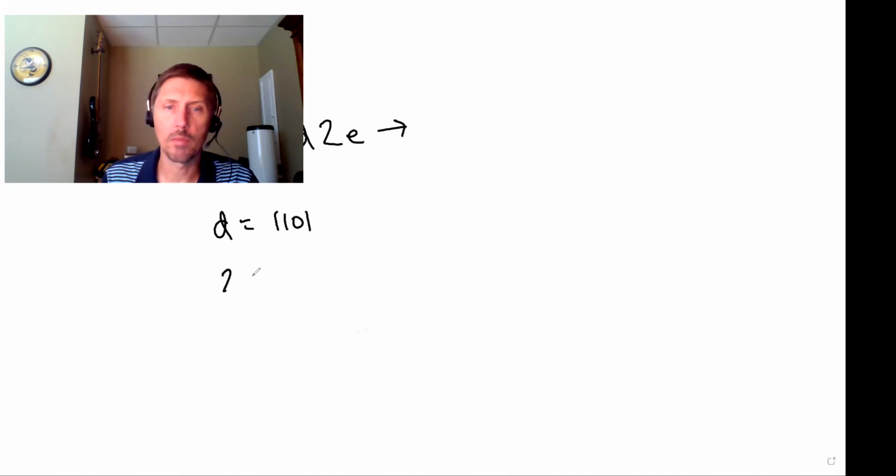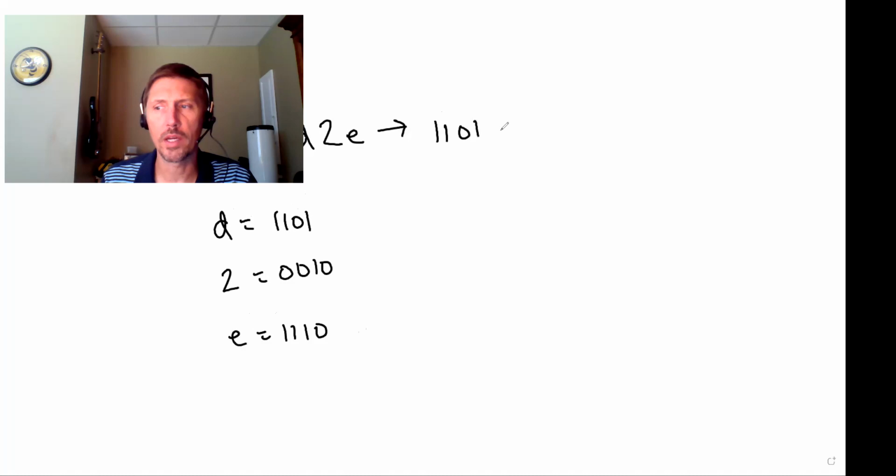We would see that the number 2 equals 0010, and we would see that E equals 1110.